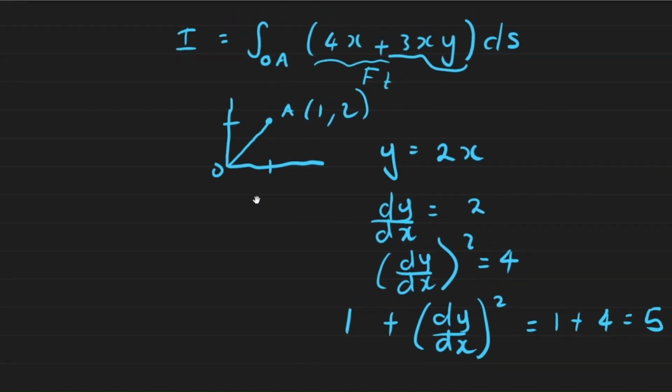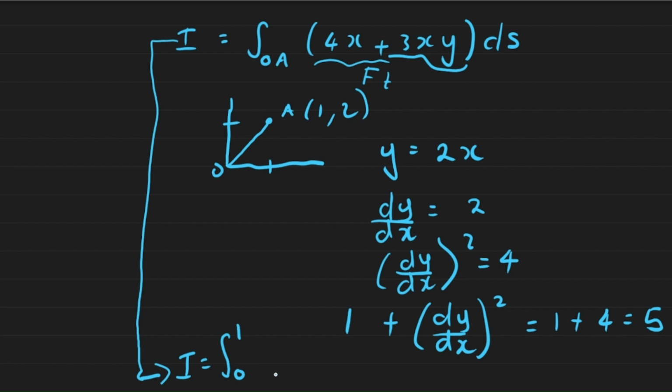So our initial integral required 4x plus 3y. So if we take that down, what we're going to be left with is that I is equal to the integral from 0 to 1. That's our integration boundaries.